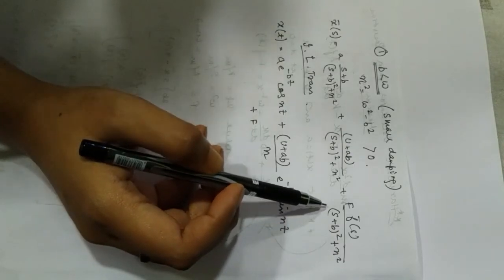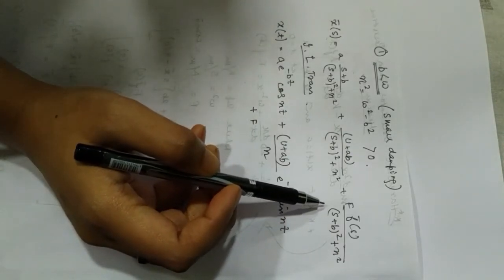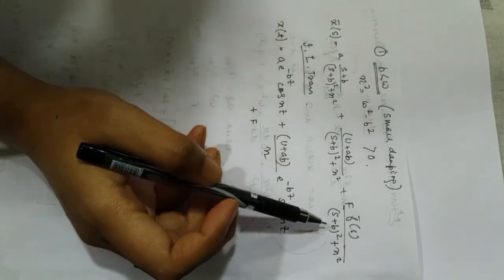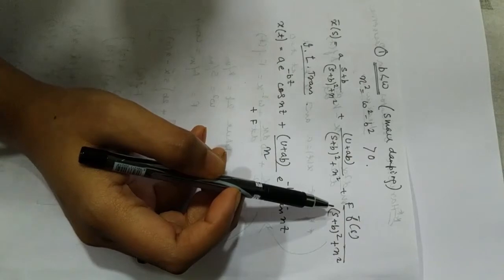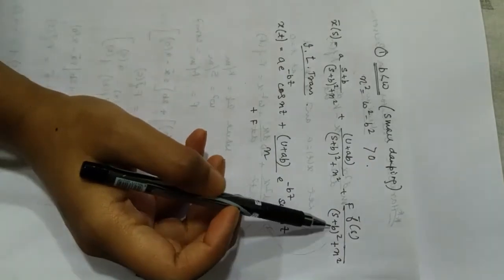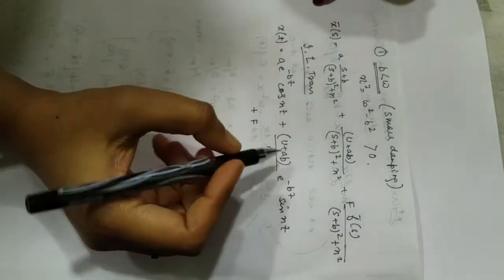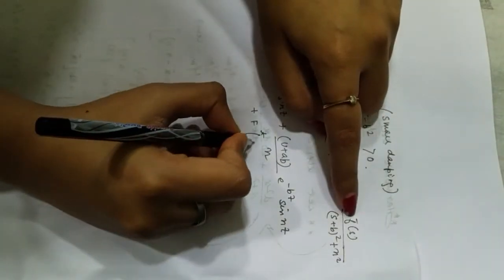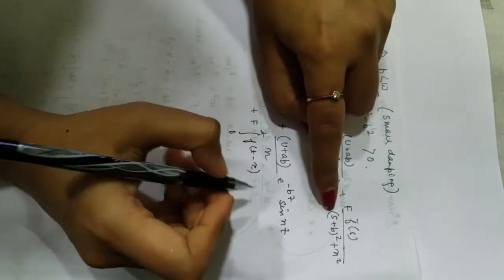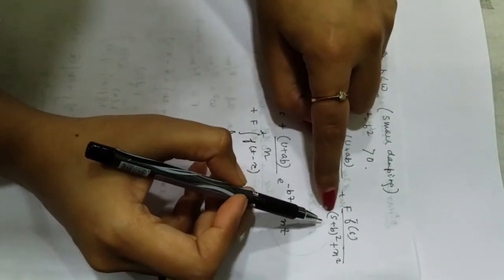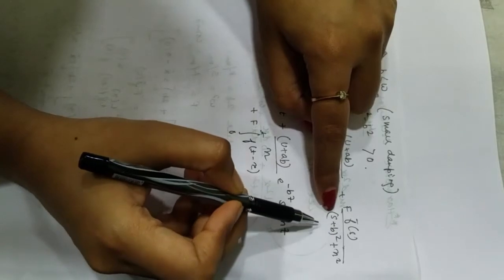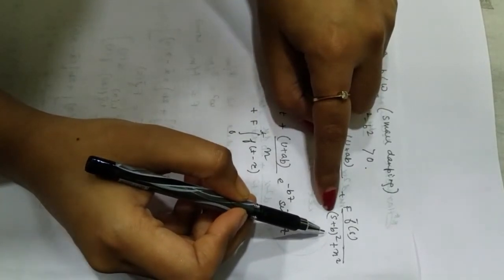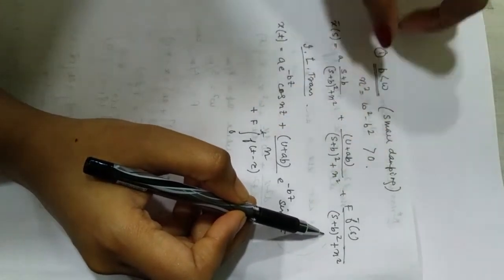So we can write the inverse of this function using convolution theorem, right? That is, inverse Laplace of the product of two Laplace transforms is nothing but the convolution of the original functions, right? So this can be written as the convolution of this function, that is f of t minus tau, and the inverse Laplace of this function, which is the e to the power minus bt sine nt form, right?